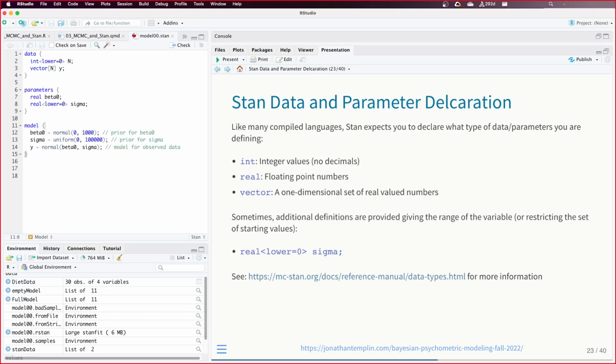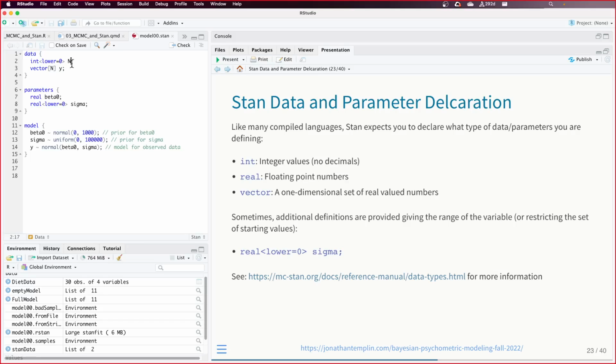So in the data section, you'll see here I have int, and then an option, lower equals 0, meaning the lower bound of that integer, and then a value N. So what Stan expects here is that N will be an integer type variable. Integer variables are a very specific class of number that gets saved a certain way on your system.